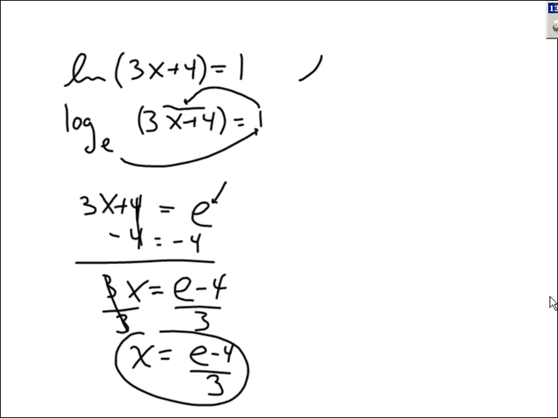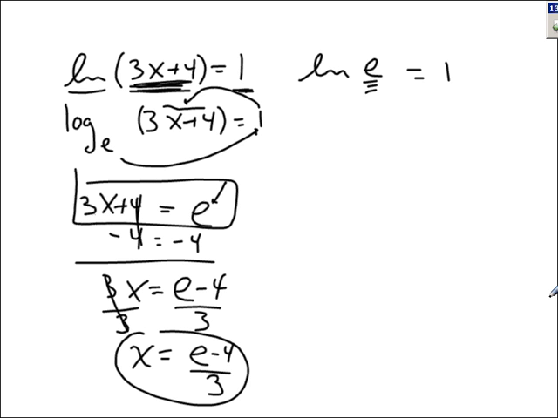Now, if you remembered that ln of e is 1, you could have immediately said 3x plus 4 is e. It took a couple of lines, but we said it pretty quickly.